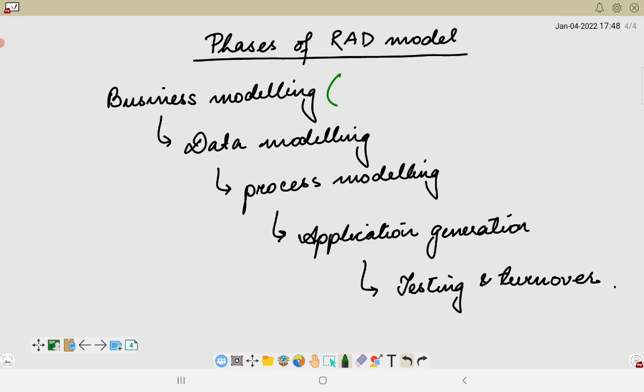However, here there would be several teams involved during the planning stage, and essentially there will be a planning team involved. So here the role of the planning team is high.